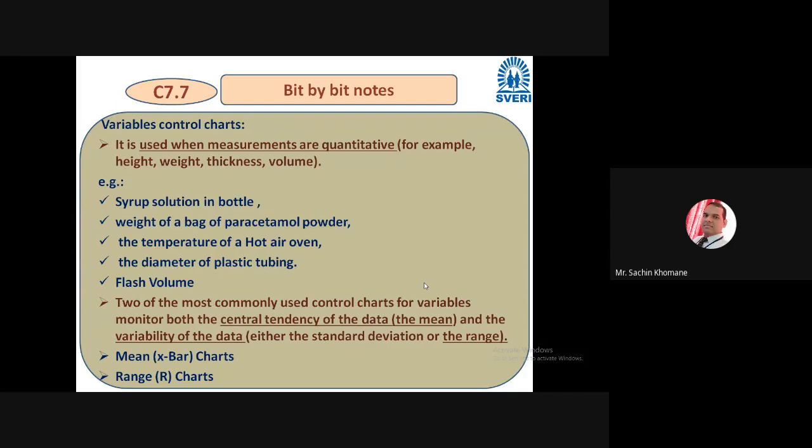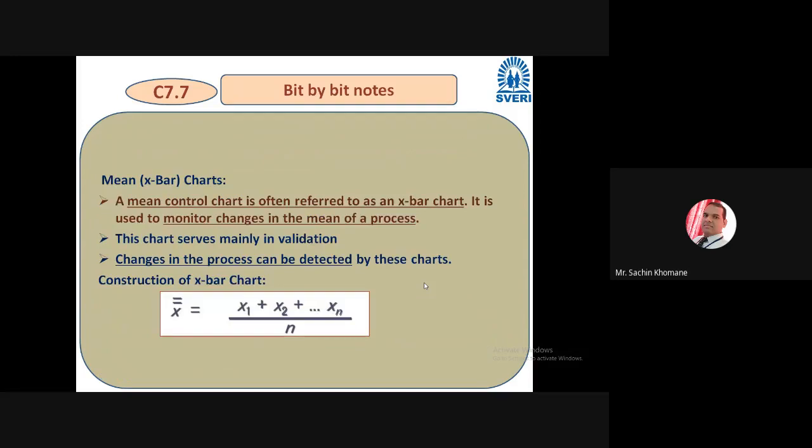Okay, so there are two basic charts. So let us see these two charts. Now you can say arithmetic mean is x1 plus x2 plus up to xn, divided by n, the number of readings or samples.